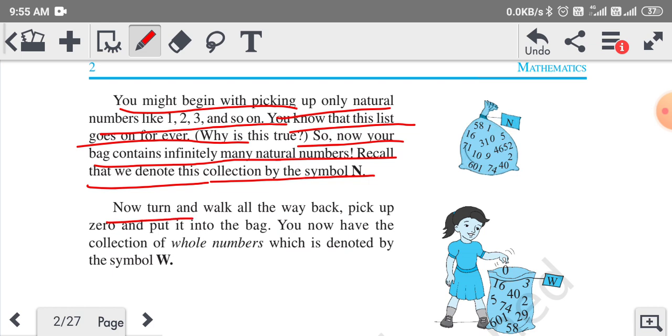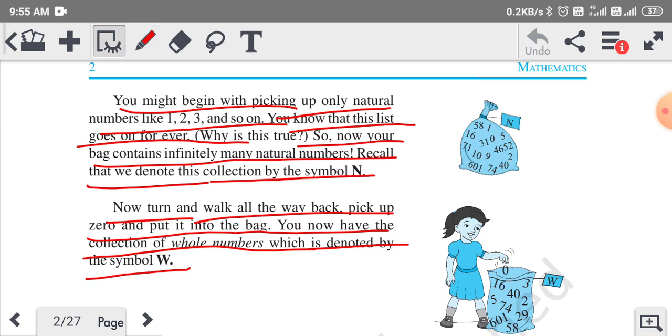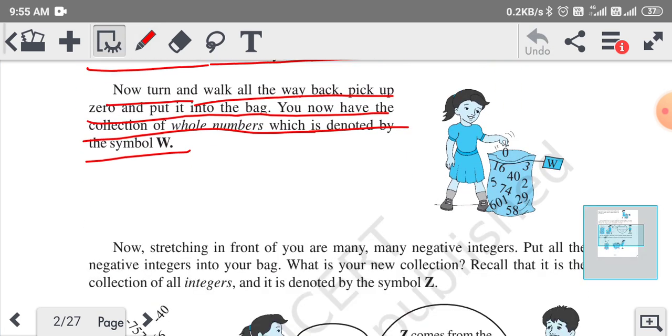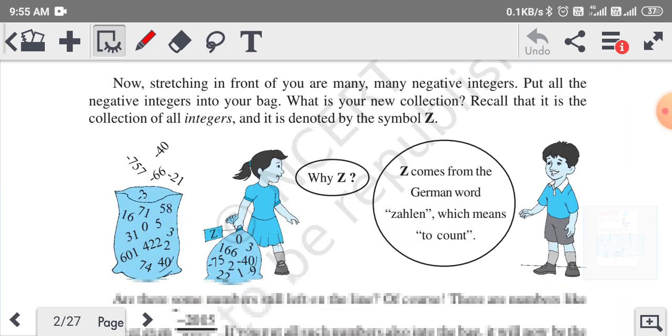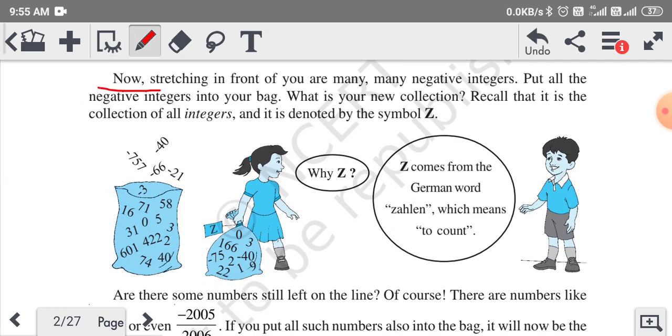Now turn and walk all the way back. Pick up 0 and put it into the bag. You now have the collection of whole numbers, which is denoted by the symbol W. Now stretching in front of you are many negative integers.